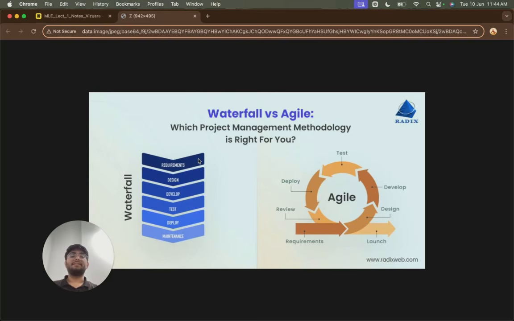So for the agile model, we take requirements, then we think, we design, we develop, then we test, we rethink our requirements. If we need any changes, then we incorporate them. Then we again design it, again develop it. And with the number of iterations, when we get to the final stage, at that point we launch. So this is a flexible approach rather than the rigid waterfall approach.